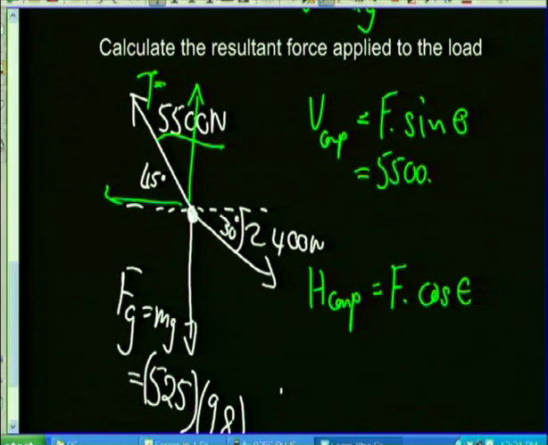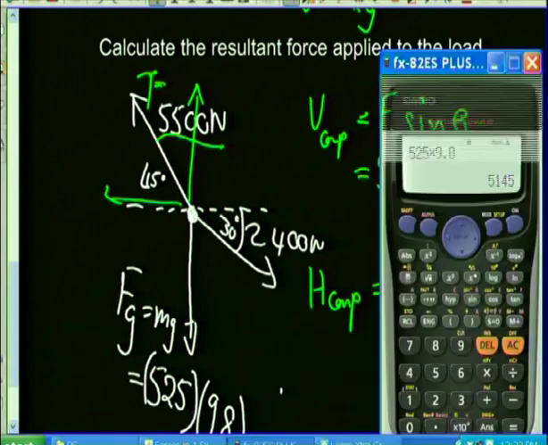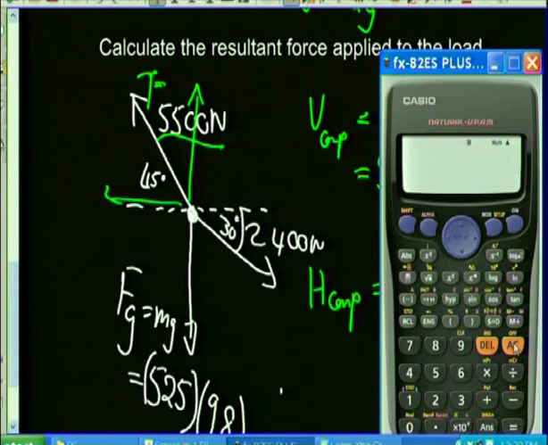5,500 times sine of 45. Get the old calculator up, and you can see 5,500 times sine 45, close the brackets, and we'll get an equal sign there, and we're told that it's 3,889.08.